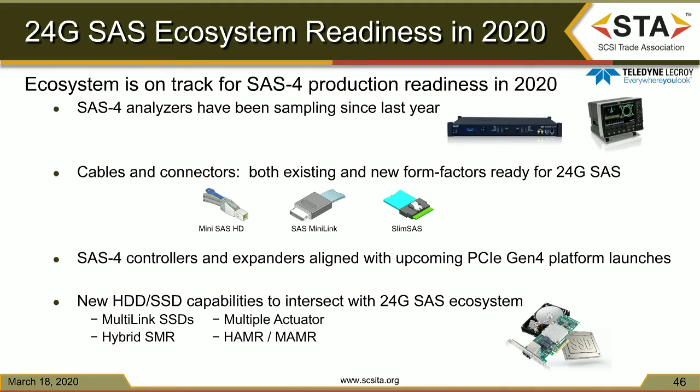So these are all coming in 2020. And as I did mention earlier, a 24 gig SAS PlugFest is being planned for this summer. And we expect to see more and more vendors coming in. We had one earlier last year, and we're expecting to see more and more happen this year.